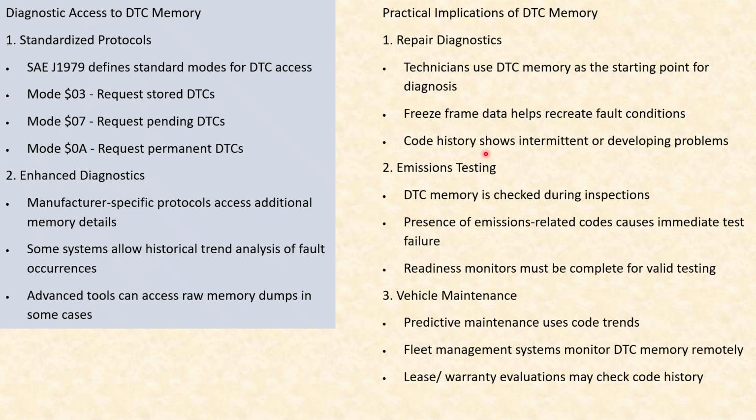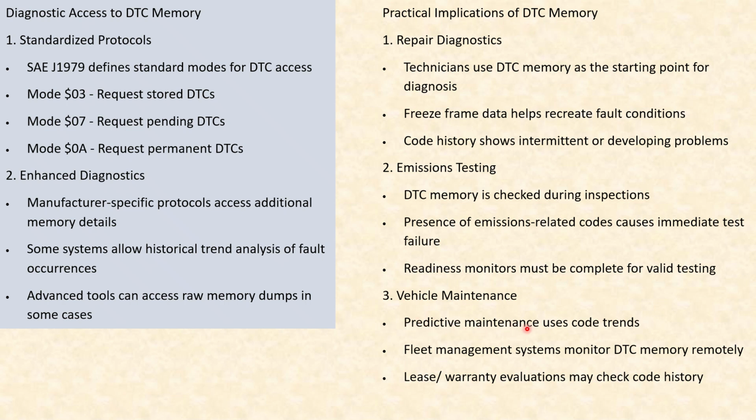Now, when it comes to emissions testing, DTC memory is checked during inspections. Presence of emissions related codes causes immediate test failure. Readiness monitors must be complete for valid testing. Now, in vehicle maintenance also there is a practical application of DTC memory.